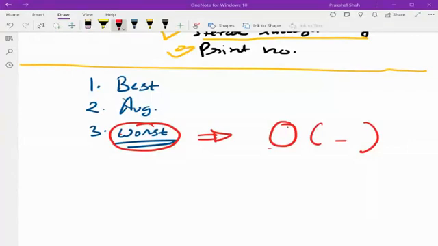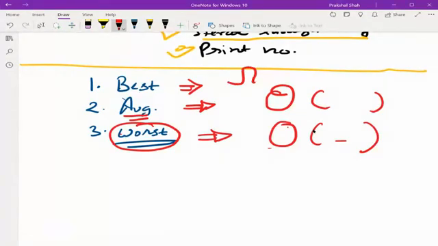Now, in the case of the average case, can anyone remember what the symbol was? Theta, right? So whenever I write theta, it denotes that I'm writing the average case for my algorithm. And for the best case, it will be what?